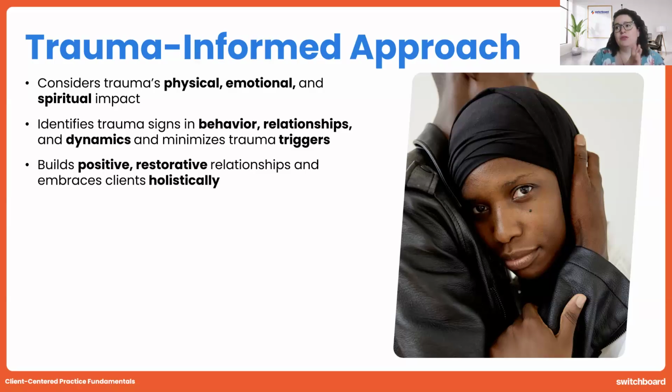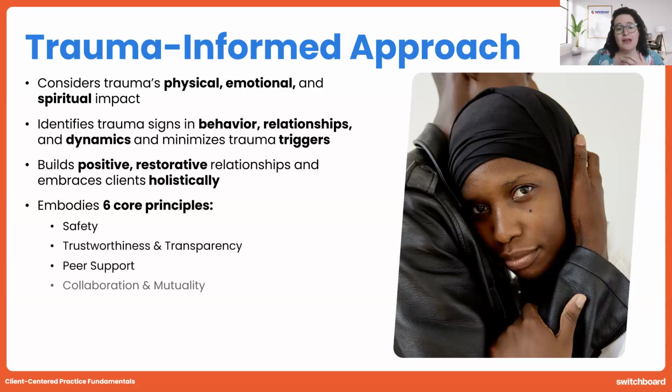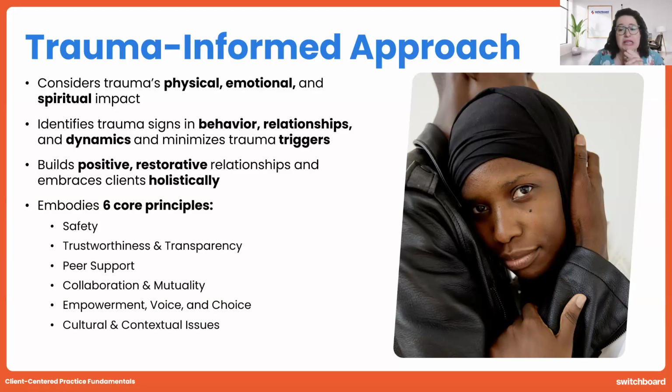So a trauma-informed approach embodies 6 core principles that I'm just going to name here because they're really important to thinking about this approach. And then we'll talk about the benefits of trauma-informed care.